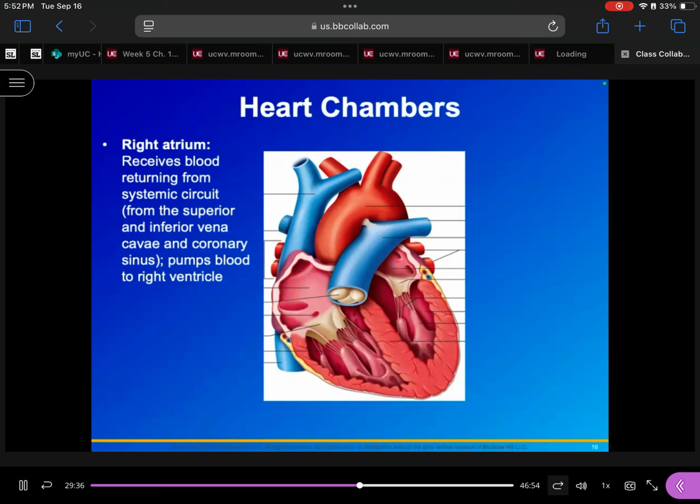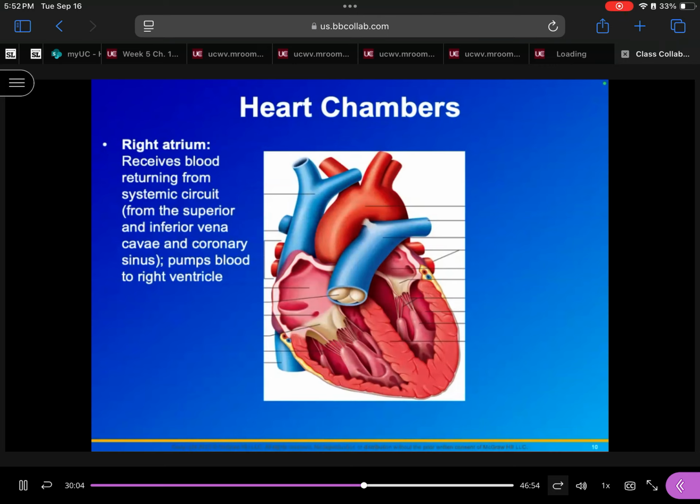So this is the right atrium. We can see here's where blood coming up from the inferior is going, and here's where the superior is going. Oh, but look, there's another hole there, and it's not dealing with the valve. Remember how I said we have a special circulation going through the heart? We'll see this in diagrams later, but we have veins that collect in what we call the coronary sinus on the posterior side of the heart.